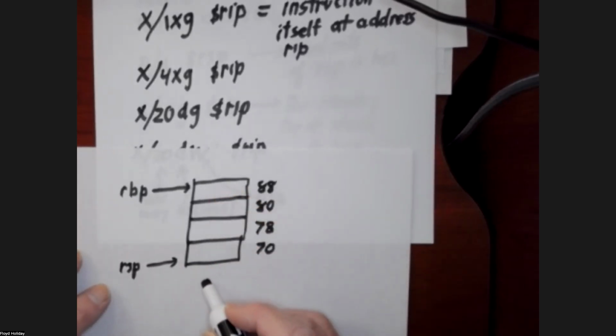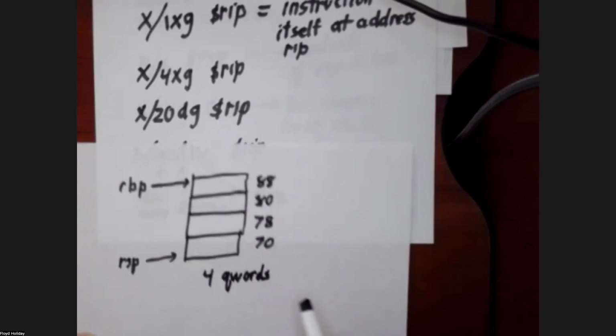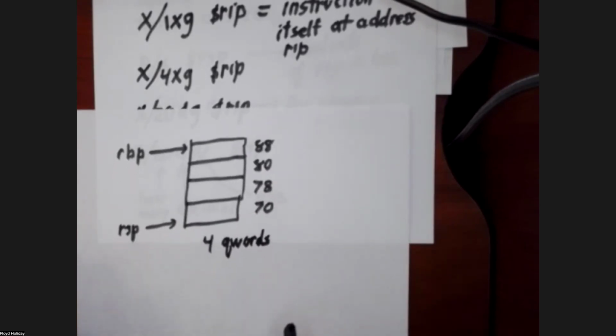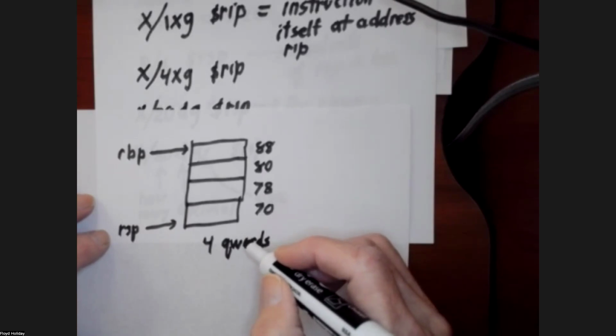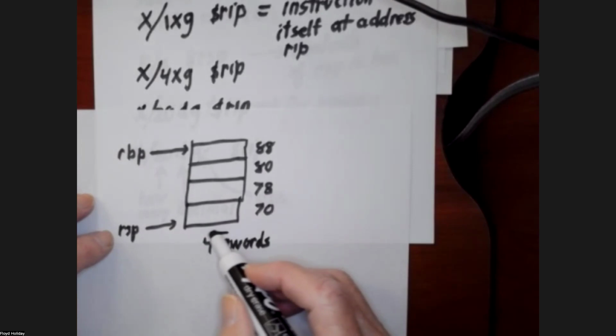Visually, we see there are 4 quad words. If we know RSP and RBP, can we compute this number?